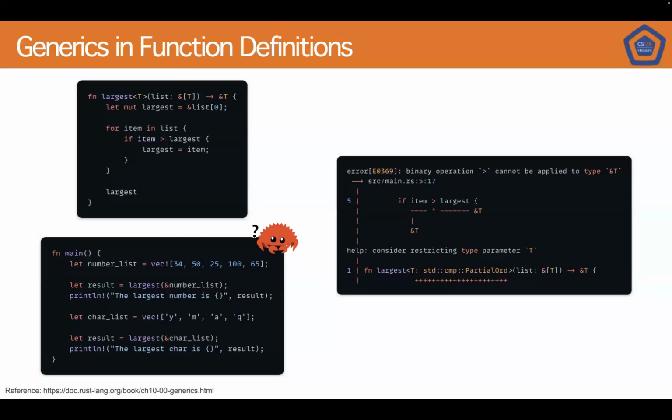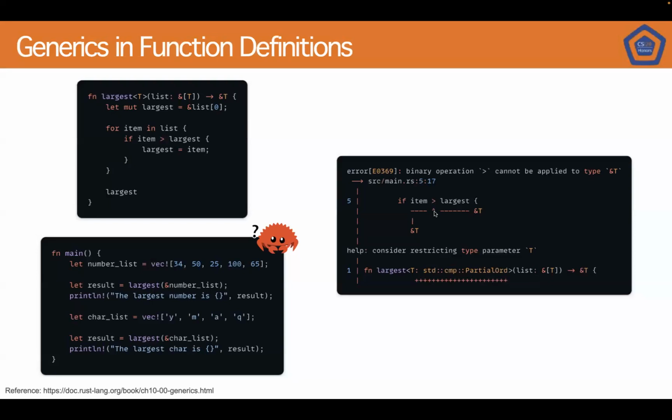So now that we know more about traits, let's return to our largest function and fix it. We know that this error states that the body of the largest function won't work for all possible types of T. We need to restrict the type parameter T to only take types that implement the PartialOrd trait, meaning we can only use types whose values can be ordered.